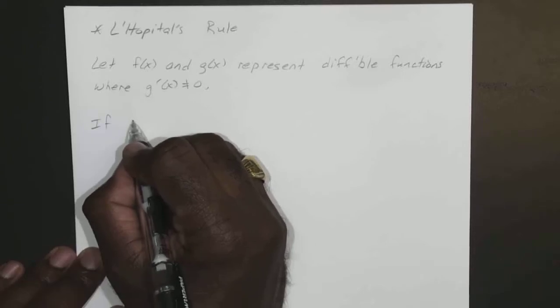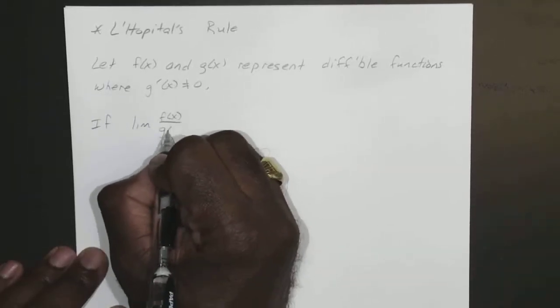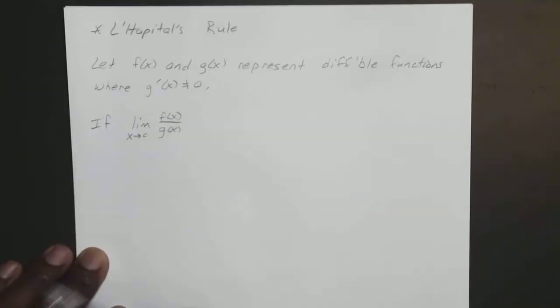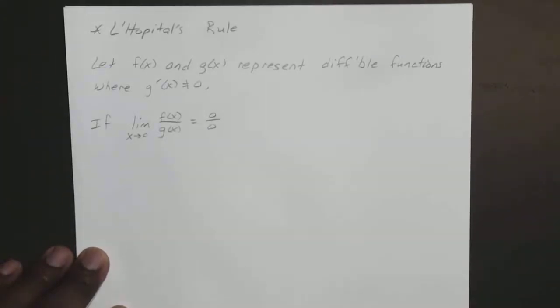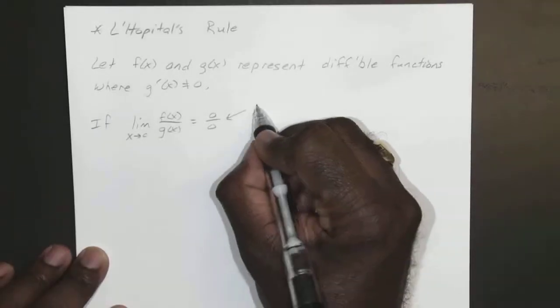All right, so if the limit of f of x over g of x as x approaches some number c equals 0 over 0 if you use direct substitution, this is called an indeterminate form.